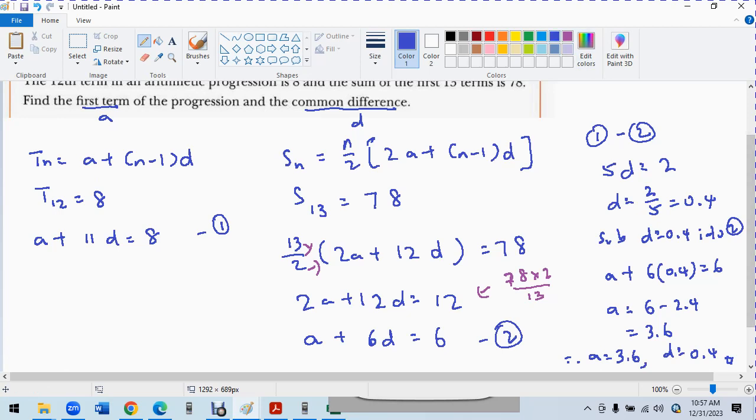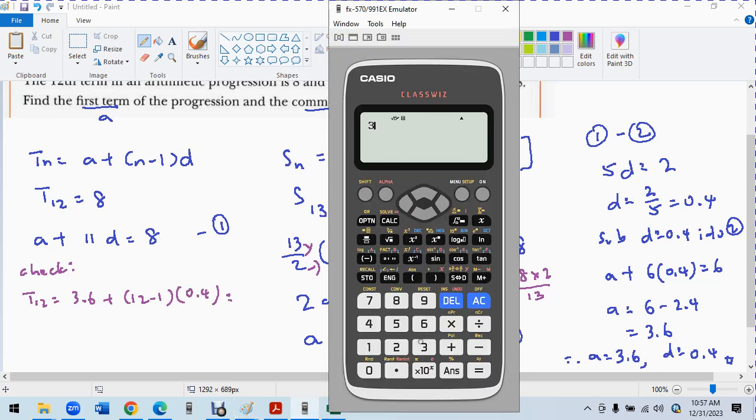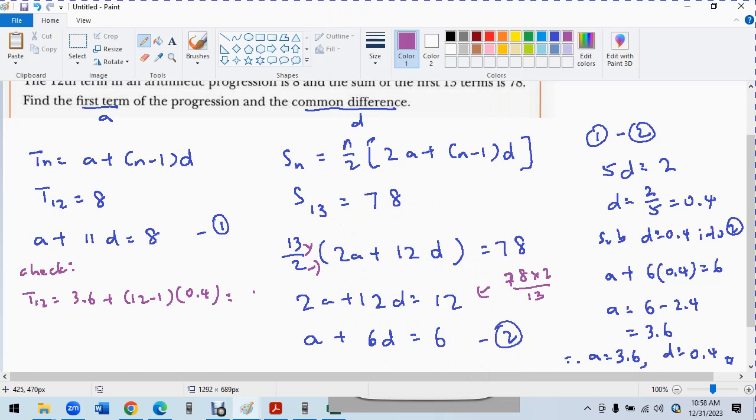If I want to check the answer, T12 is 3.6 plus (12 minus 1) times 0.4, so 3.6 plus 11 times 0.4, which is 8. Correct.